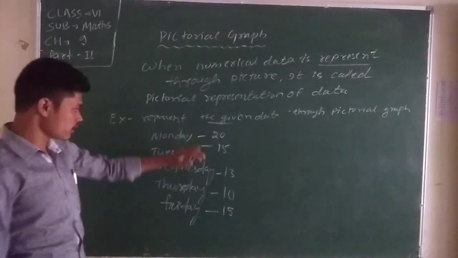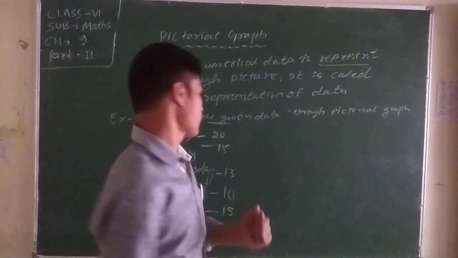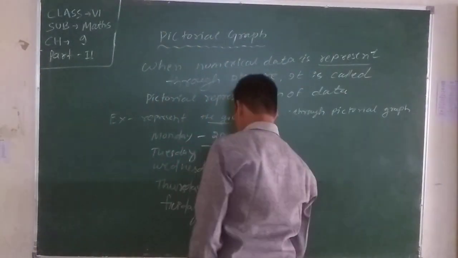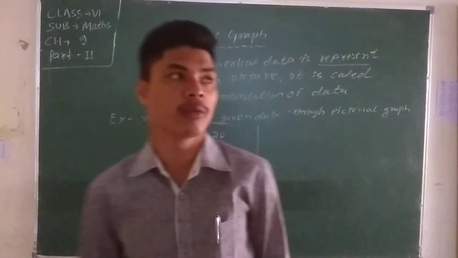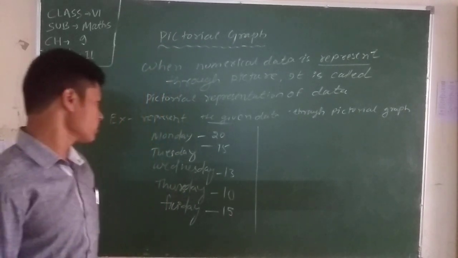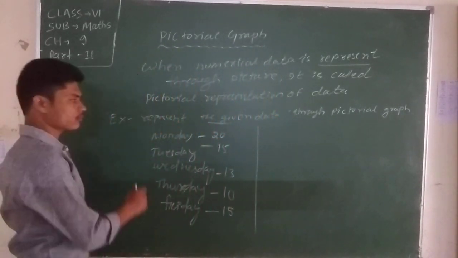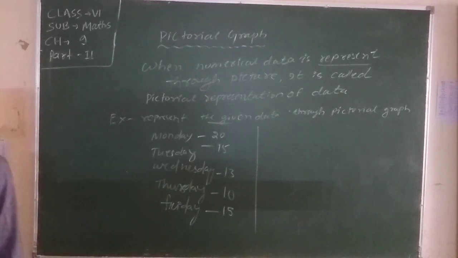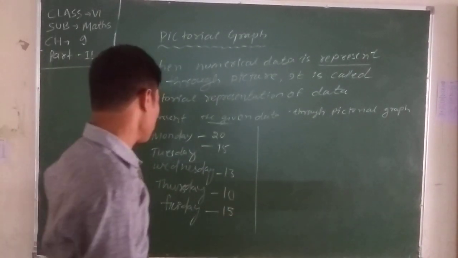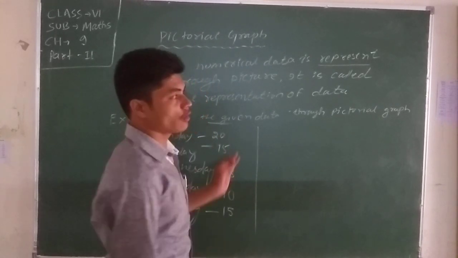Then how can we represent the data using the pictorial graph? We take any pictures. First we write here pictograph. Now we represent the data in a pictograph.